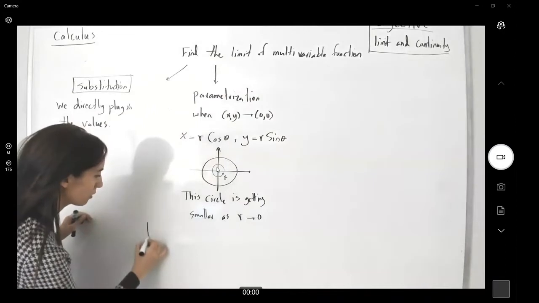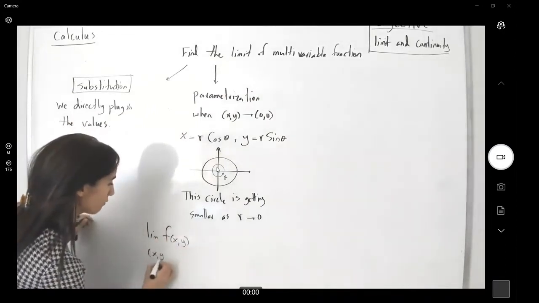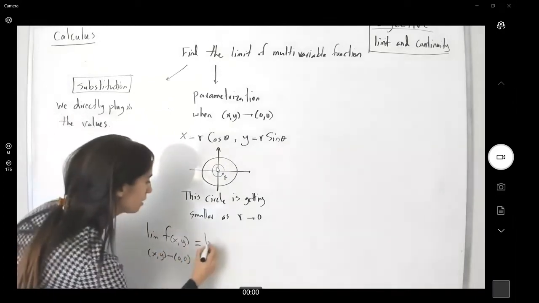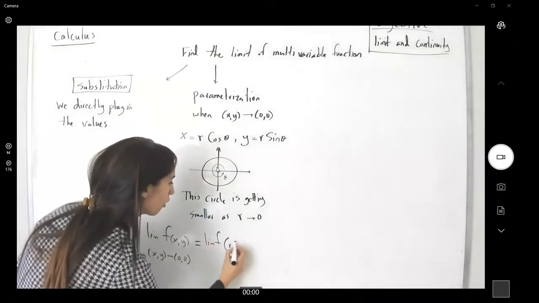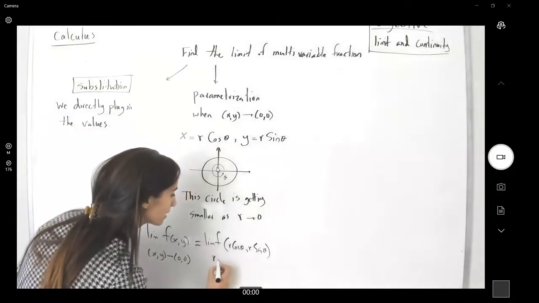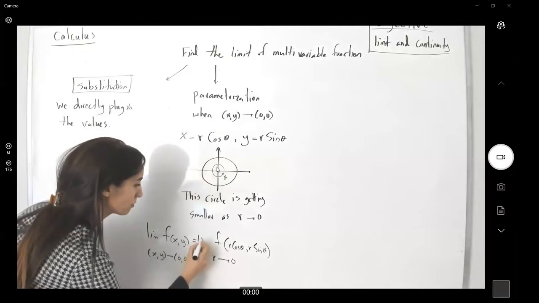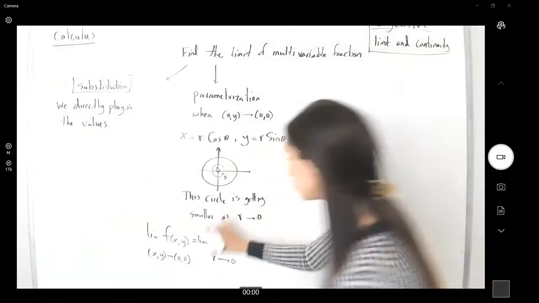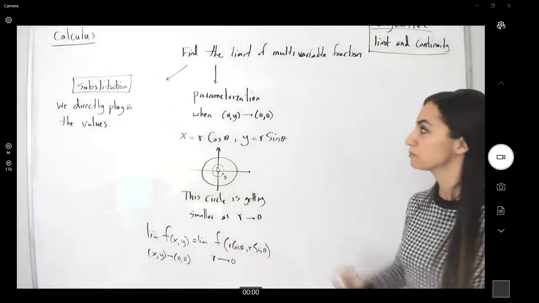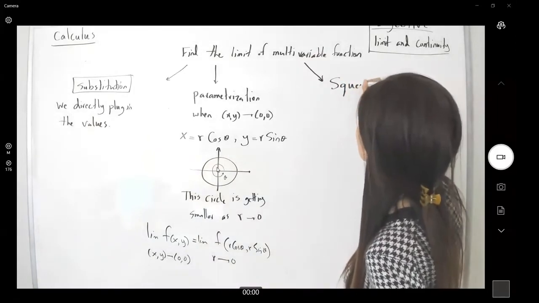So the limit of f of x and y as x and y approach 0 and 0 can be written as the limit of f of r cosine theta, r sine theta, as r goes to 0. Then we find this limit. If this method doesn't work, we can use the squeeze theorem.